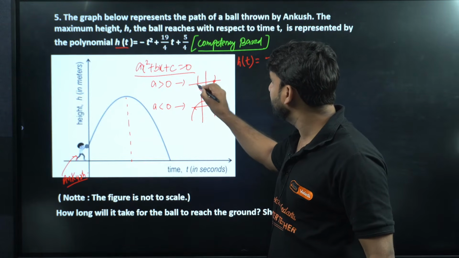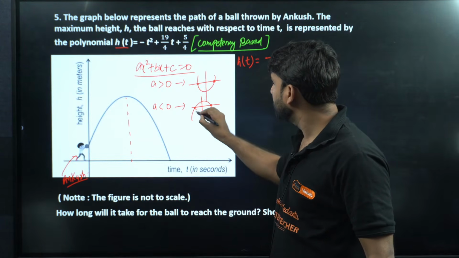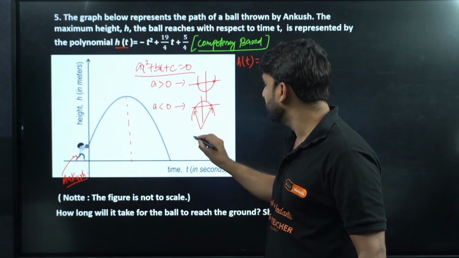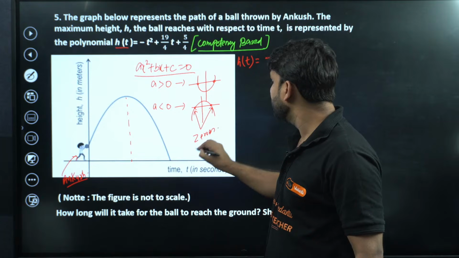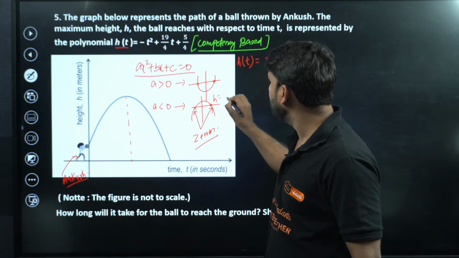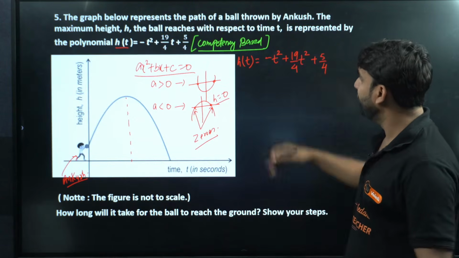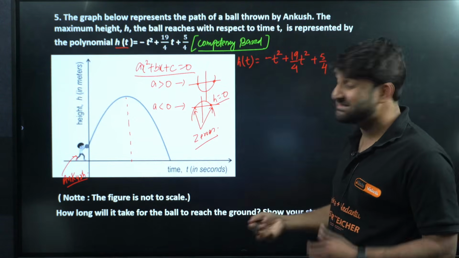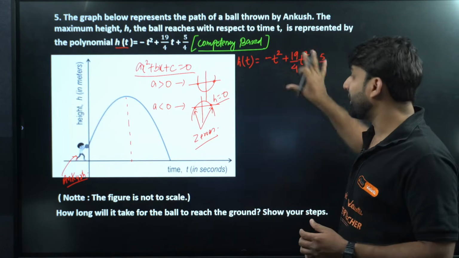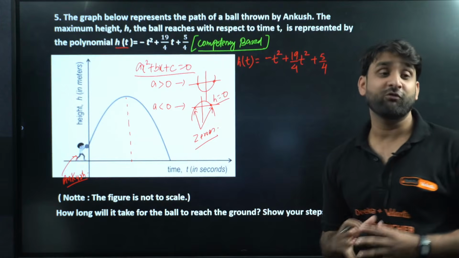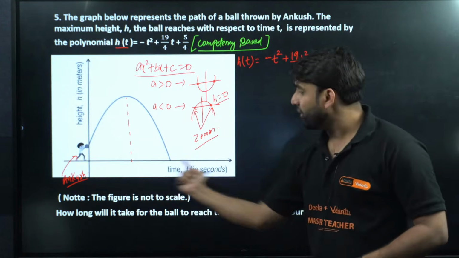At these points, the height will be 0, the y-axis value will become 0. So in this question, if we consider h(t) as 0, we can solve this quadratic equation. Here the quadratic equation is in terms of time, and time is on the x-axis.